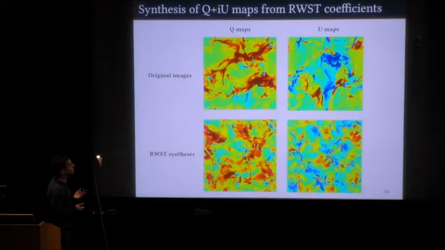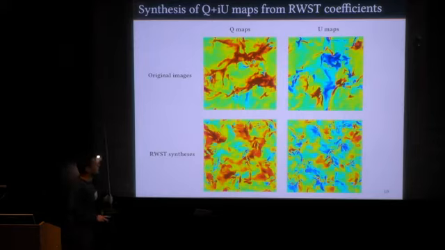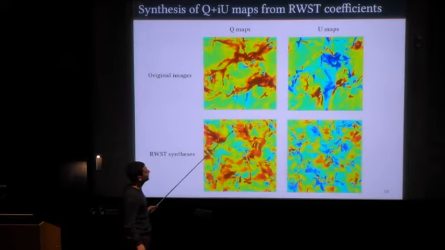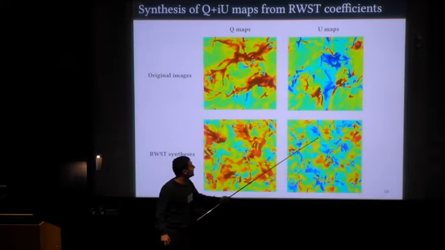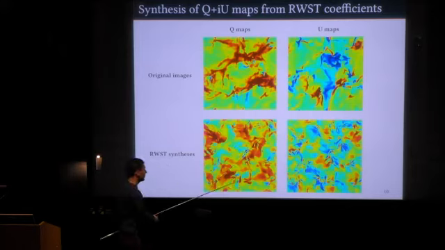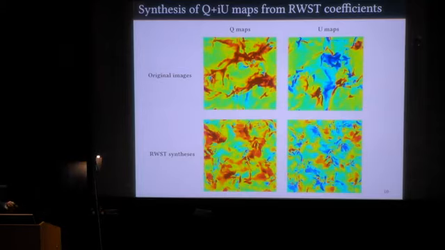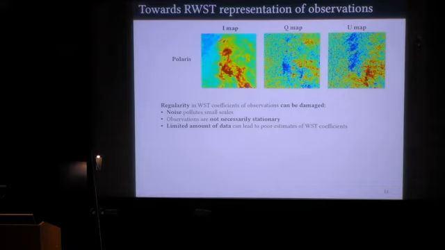What is also interesting is that we have generated Q and U maps that are correlated between them, because you see that this pattern on the Q map appears here on the U map. This one appears here. So there is some correlation in this map that we wanted to capture, and we actually get it here.